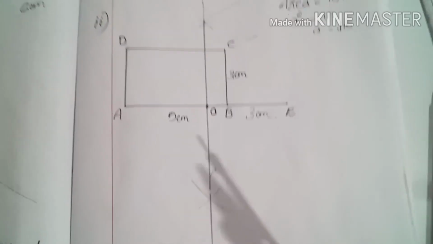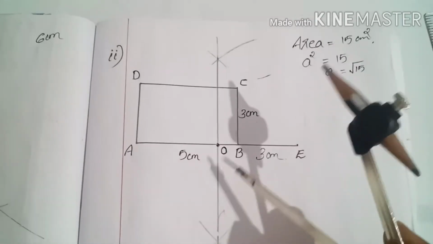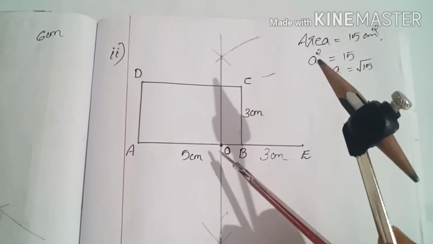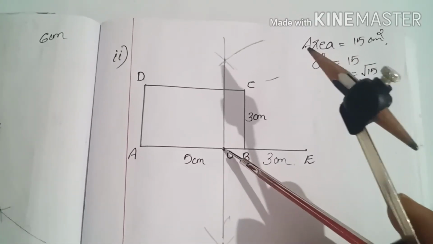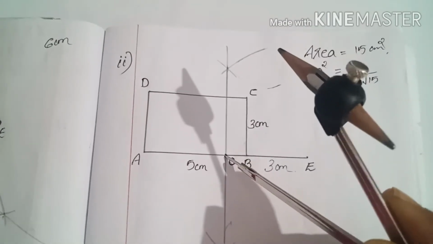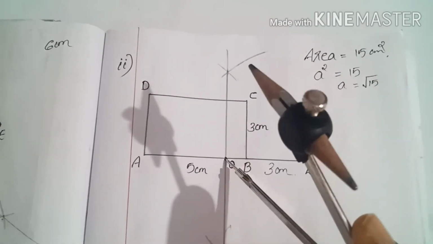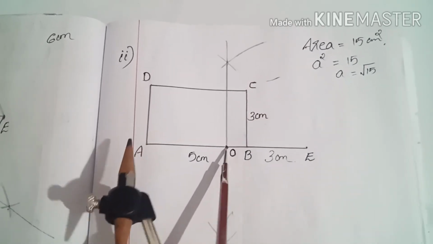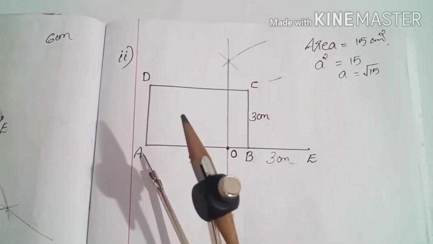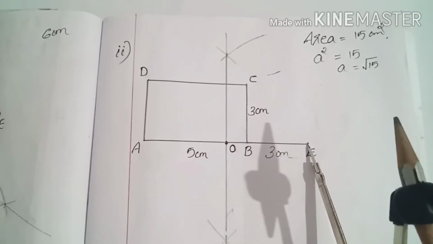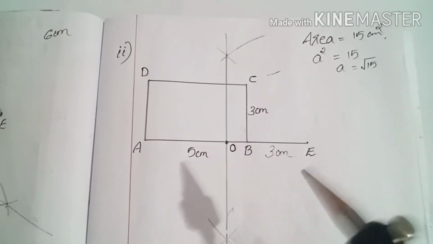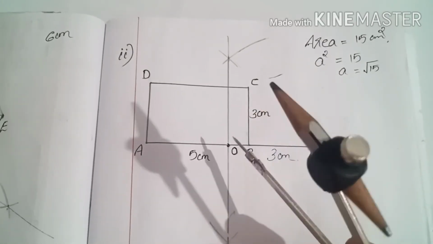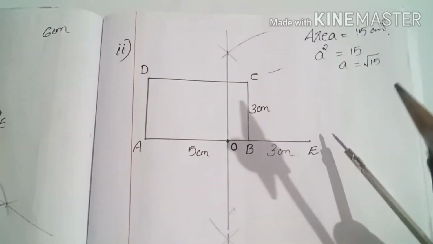After that, consider O as the center point. Keep the pinpoint of the compass at O, then keep the pencil at the point A. That means OA is the radius, and OE is the same radius. Then draw a semicircle like in the previous case, in the upper portion.